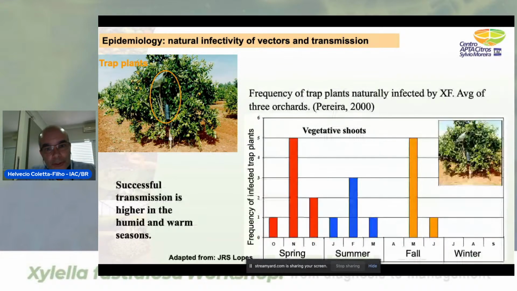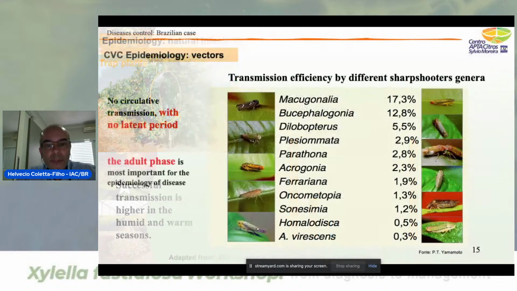About the epidemiology of the disease, in spring and summer you have warm temperatures and wet conditions, and so the plant sprouts more frequently. The success of transmission is higher in both conditions, humid and warm seasons.